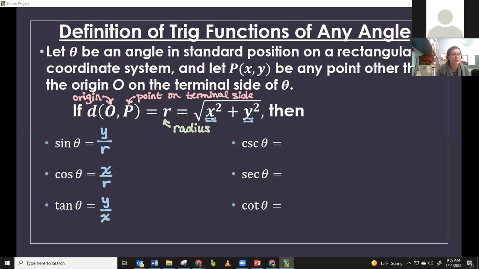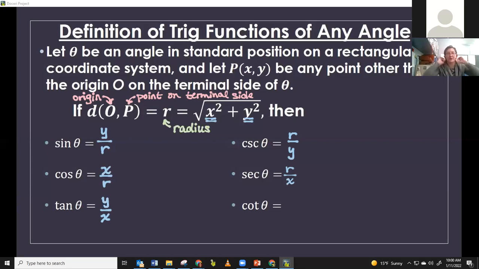And then for my reciprocal functions, we're just going to take those and switch them around. So r over y for cosecant, r over x for secant, and then cotangent.